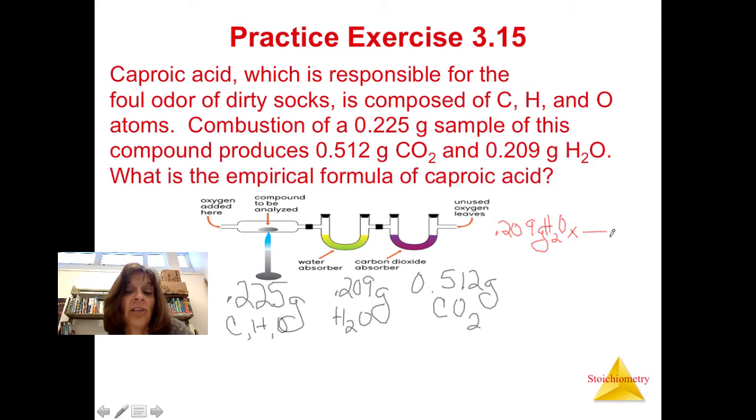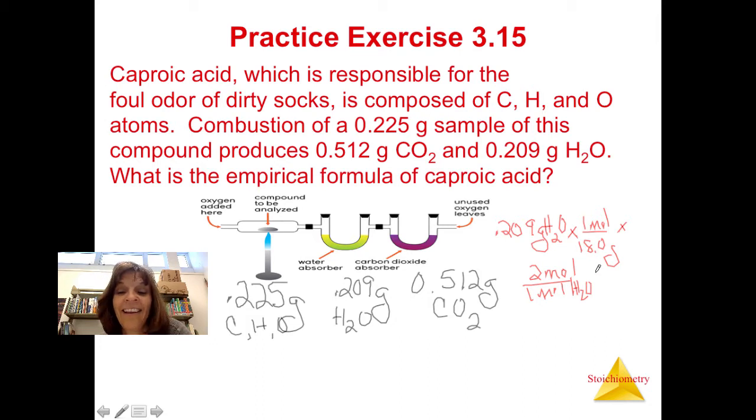And I can change that to moles so that we can then figure out how many moles of hydrogen we have. So if we have 18 grams of water in 1 mole, and then I multiply that by 2 moles of hydrogen for every 1 mole of H2O.